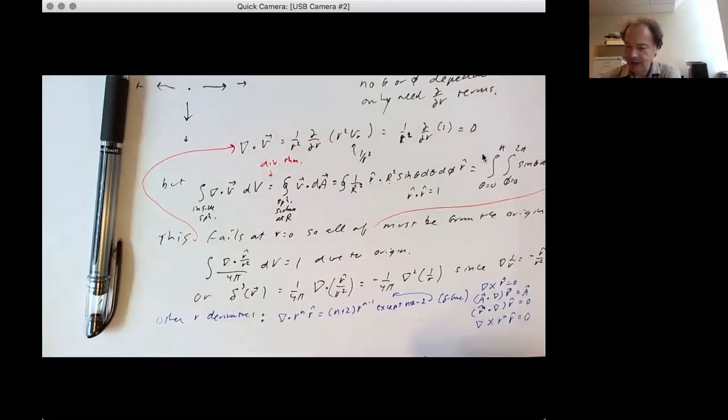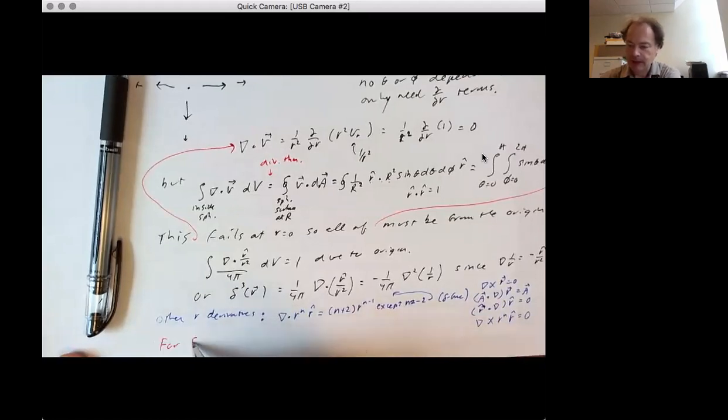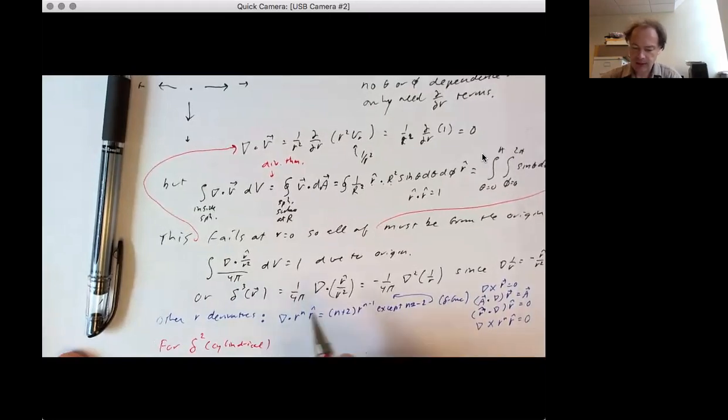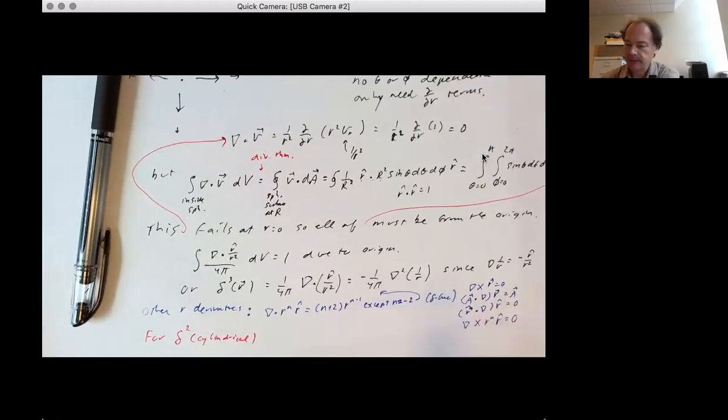The other thing to note here is for delta in cylindrical, polar, you're going to use the Stokes theorem.